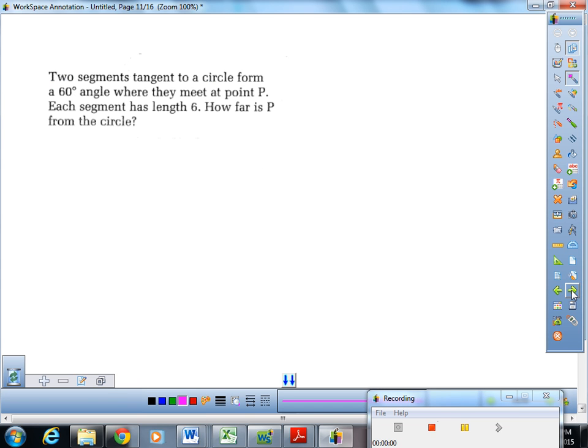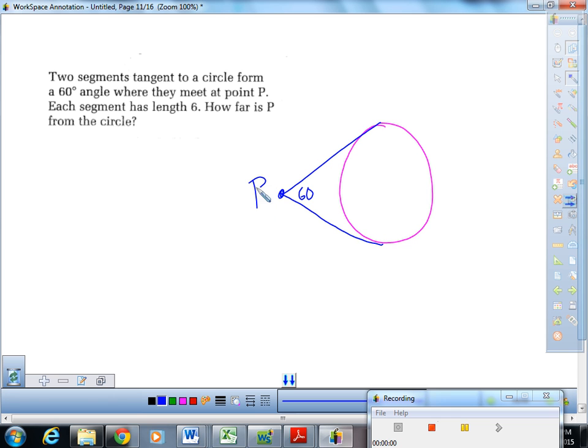Okay, next one. Two segments tangent to a circle form a 60-degree angle where they meet at point P. So this is your ice cream cone question. Tangent, 60 at point P. Okay. Each segment has a length of 6.